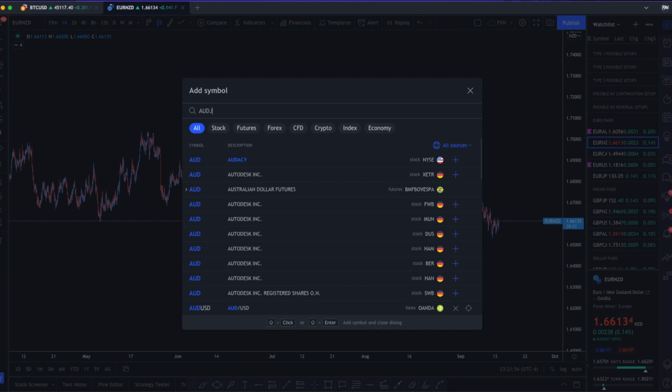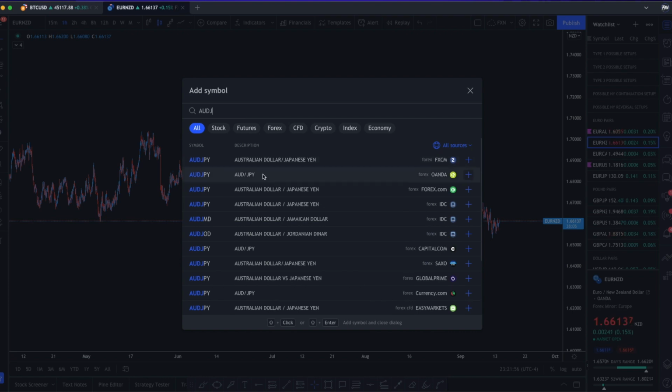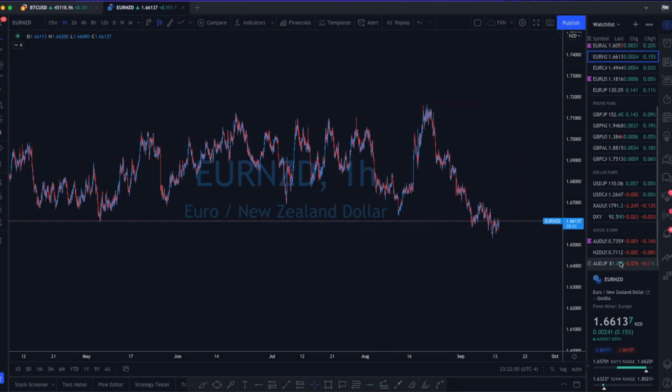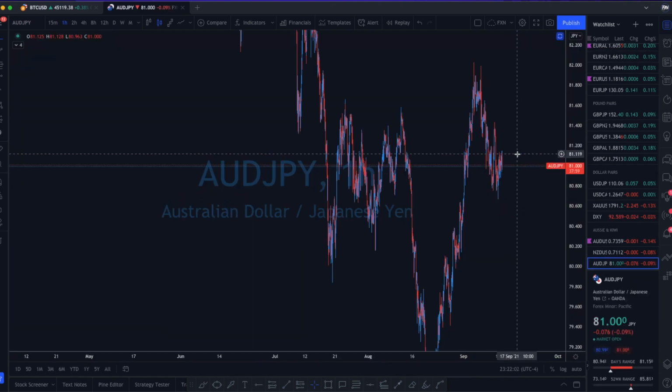Let's do AUD JPY. Let's add this to the list and do this one. All right, so here we have a brand new chart, AUD JPY, right?